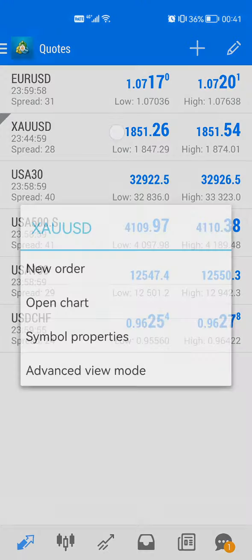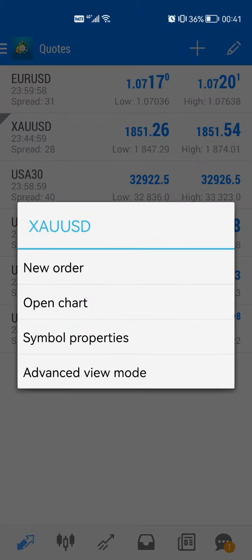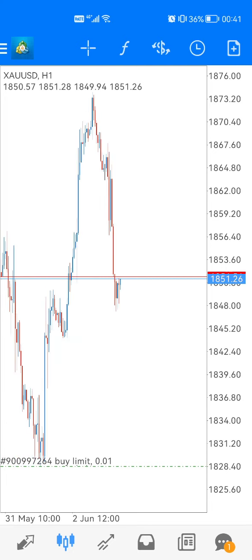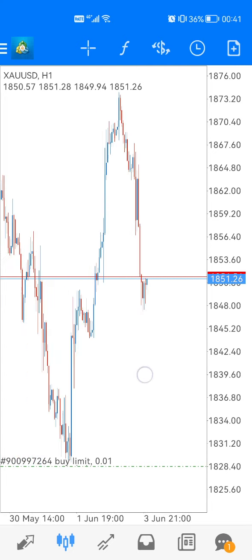I will explain further. Looking at gold, this pair is called XAU USD. Since gold is our base currency, it means that the dollar is our code currency. Remember on the previous pair, the dollar was our base currency, but on this pair, the dollar is our code currency.